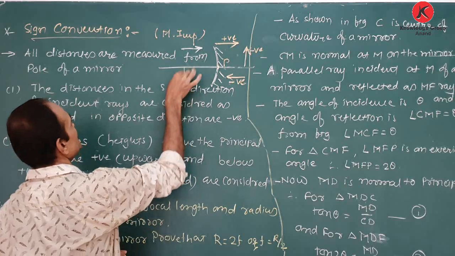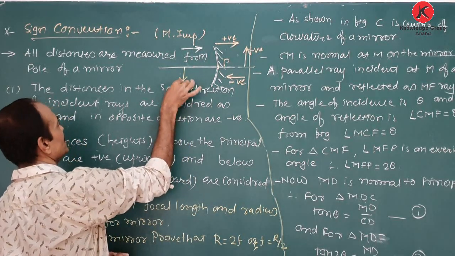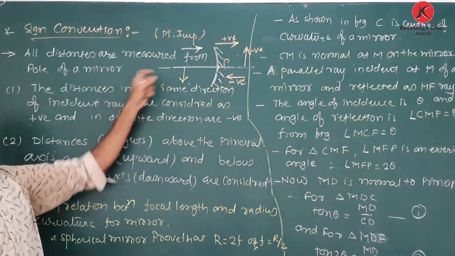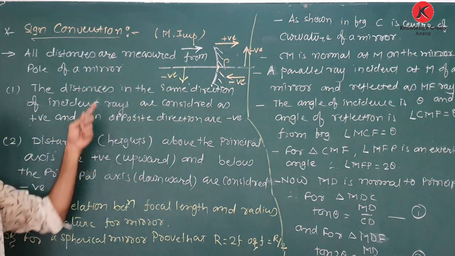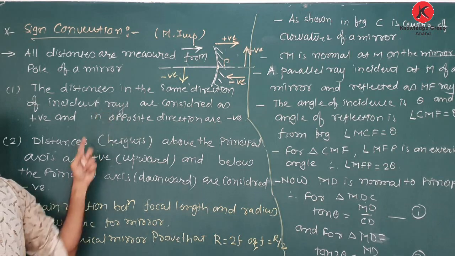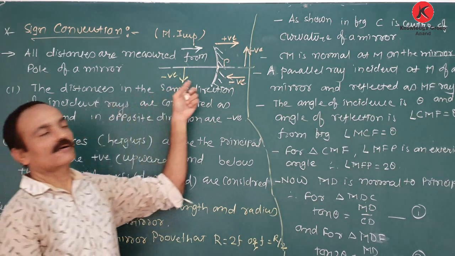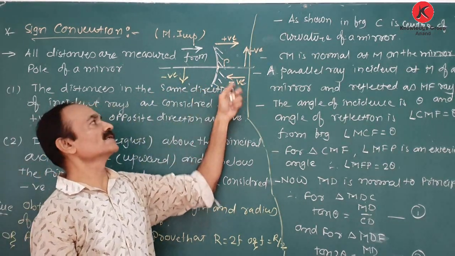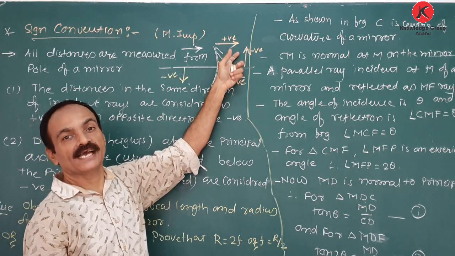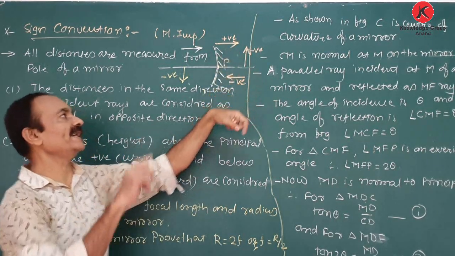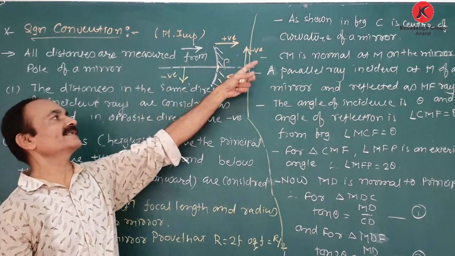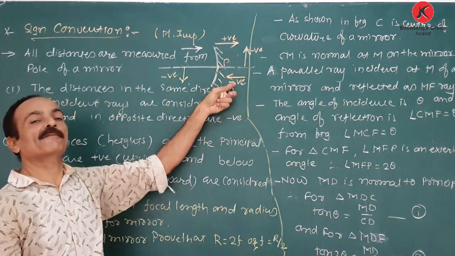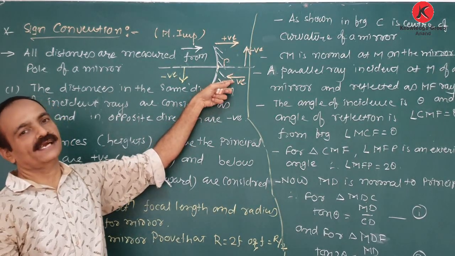And if the distances are measured in the downward direction, below the principal axis, they are considered negative. So these two sentences are important to decide the positive or negative sign for the object distance, and also the height of an object and the height of an image. Again we repeat, distances in the same direction as the incident ray are considered positive and in the opposite direction are considered negative.